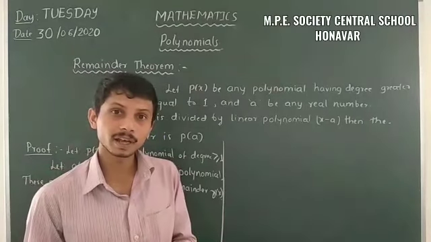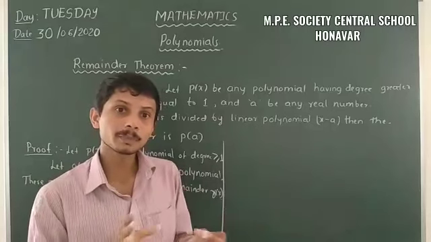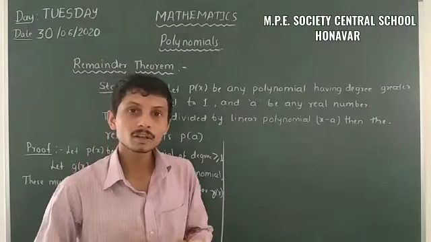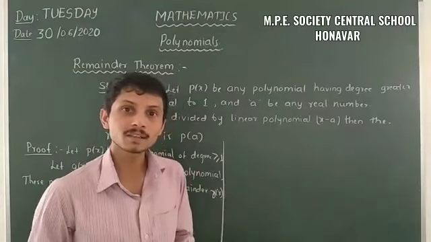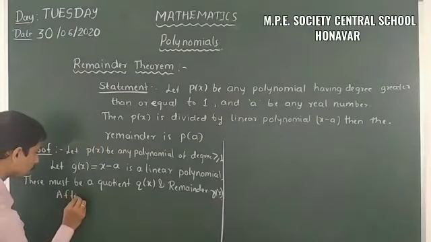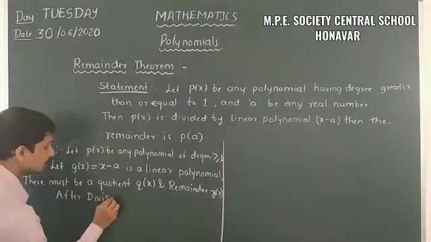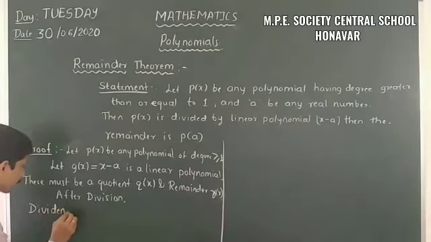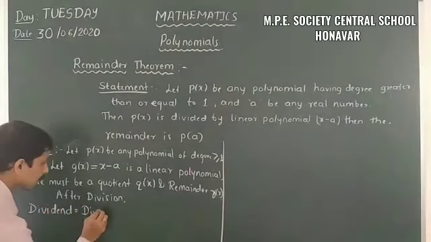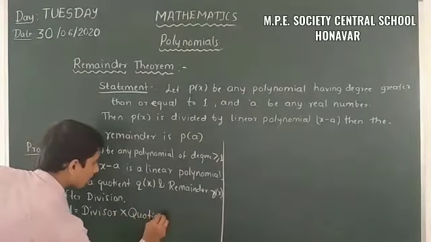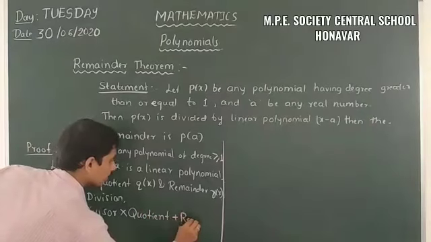So after division, we express it as dividend equal to divisor into quotient plus remainder.